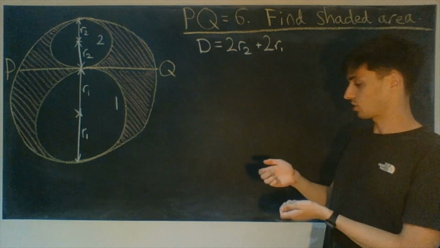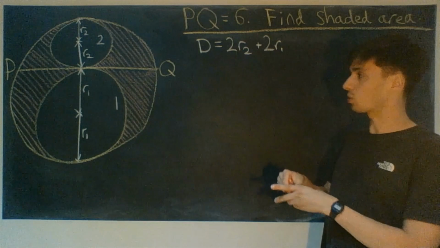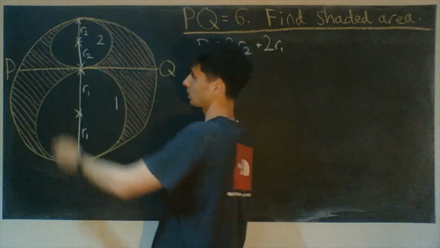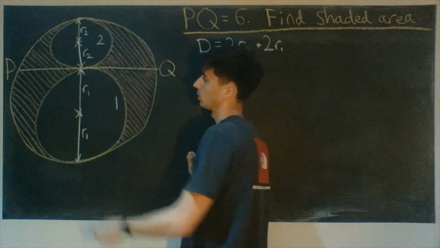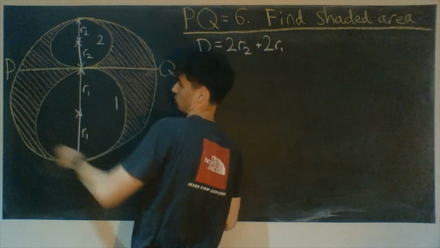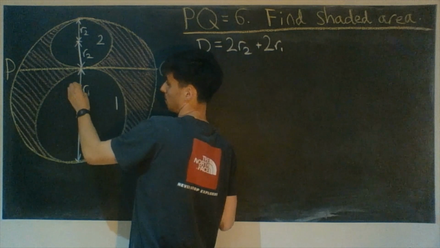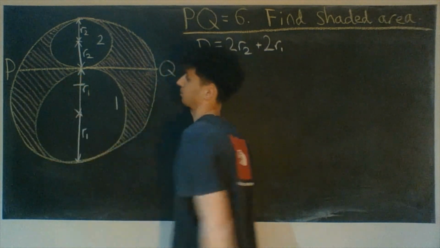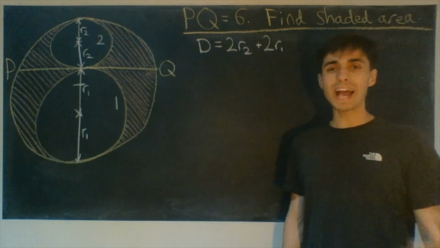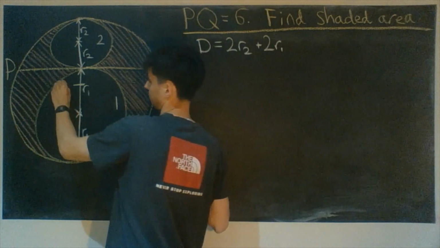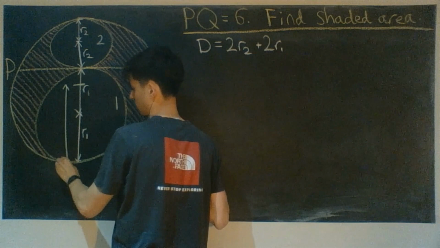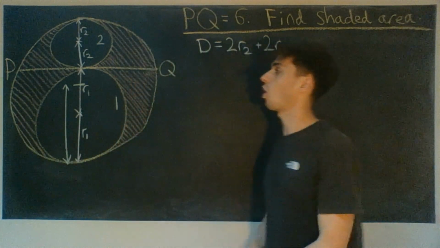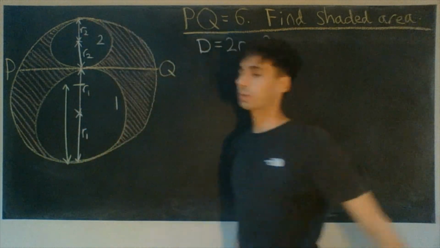Thinking about the radius of the larger circle, let's add it on in a new colour. Because this bottom circle is the larger of the two, the centre of the larger circle is probably going to be maybe about here. And if we add this into our diagram, that means this is the radius of the whole circle altogether.